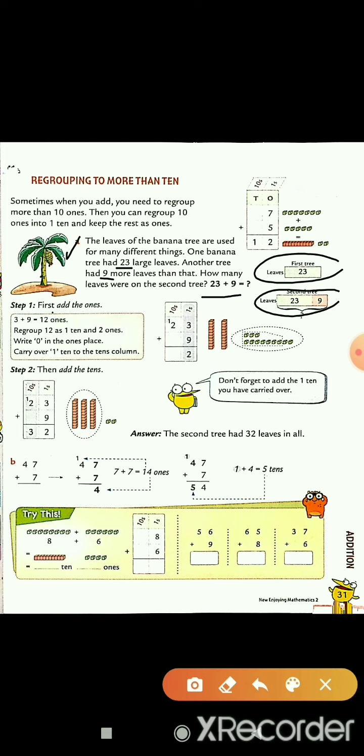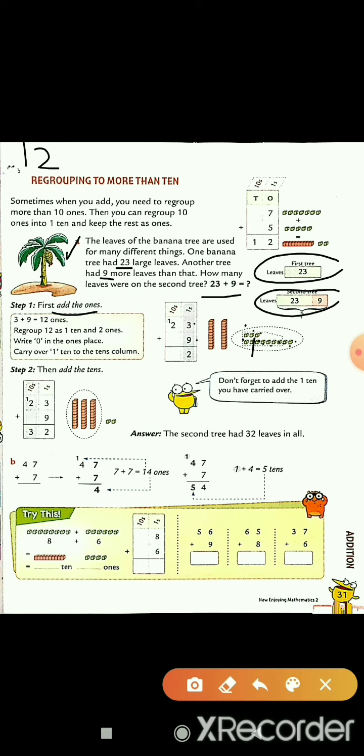Then, first step is add the ones. At the ones place, 3 and 9 are there. Count them together: 1, 2, 3, 4, 5, 6, 7, 8, 9, 10, 11, 12. What is the answer? 12. How we can regroup 12?